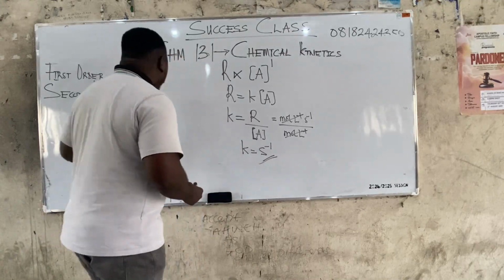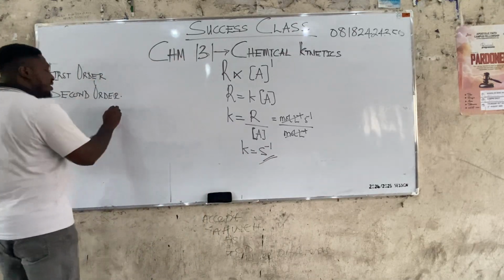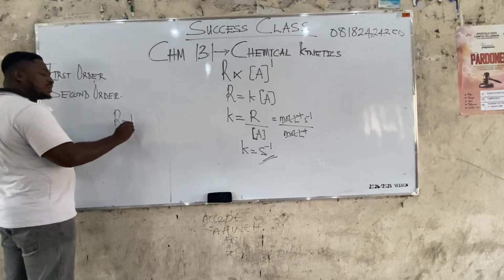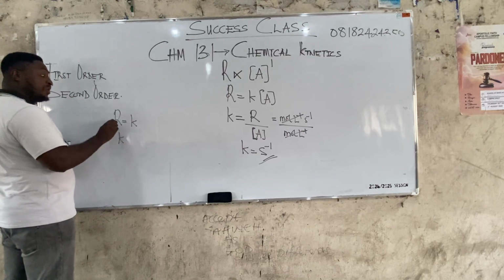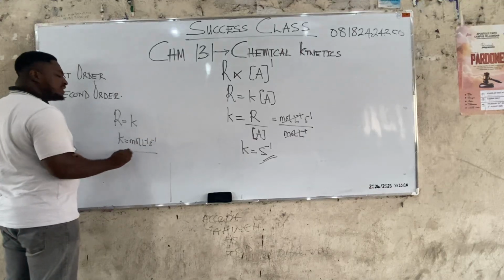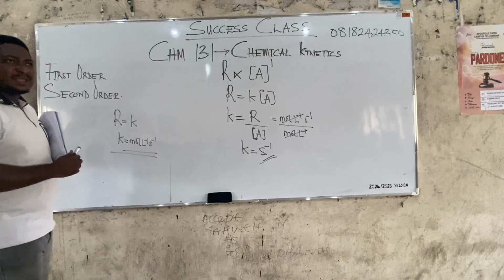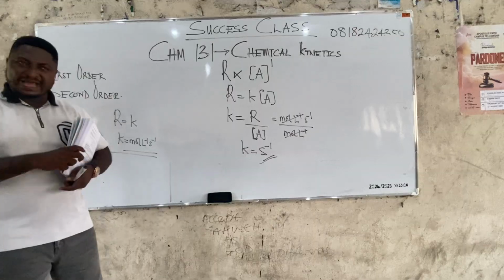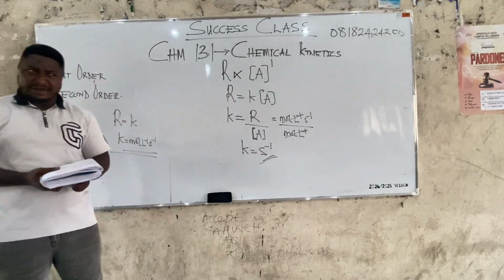If we recall when we did zero order reaction, we concluded that R equals K. So therefore the unit for K is the unit for R, which is mole per liter per second. So the unit for the rate constant changes depending on the order of the reaction. Class, follow carefully before you write.